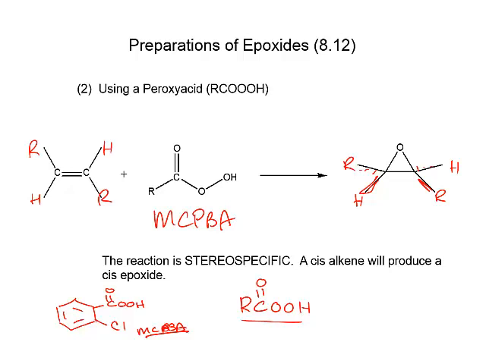The term stereospecific means that if I use the trans alkene, I will get the trans epoxide. If I change the stereochemistry of the alkene to cis, I'm then going to get the cis epoxide. So stereospecificity means that if you change the stereochemistry of the reactant, you get a different product.